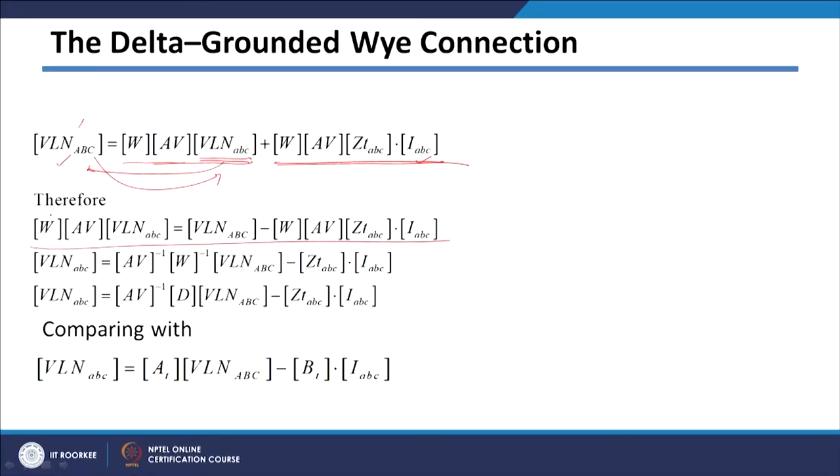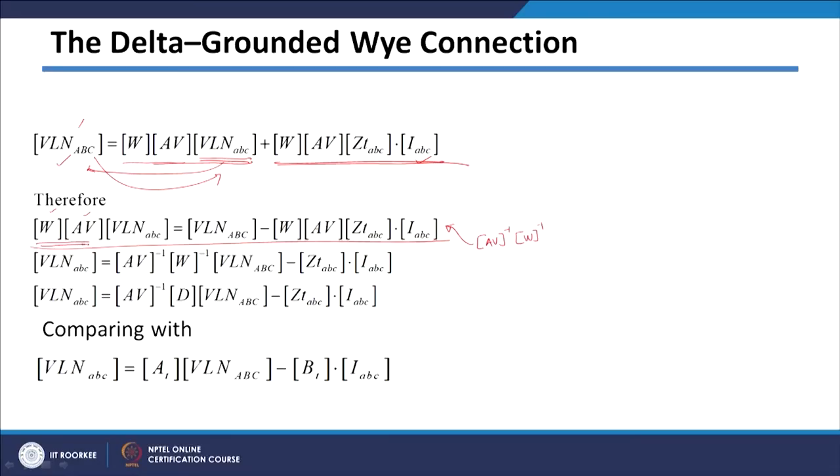Then we need to remove this W and AV. To remove this W and AV, we have to multiply the whole equation by AV inverse multiplied by W inverse. If you multiply this whole equation by AV inverse multiplied by W inverse, this term will get cancelled out because we are multiplying AV by AV inverse and W inverse.